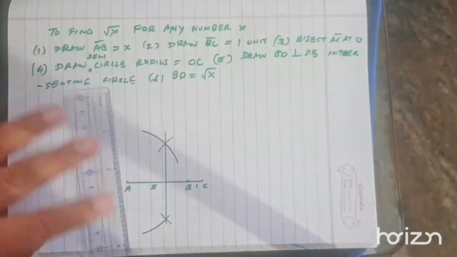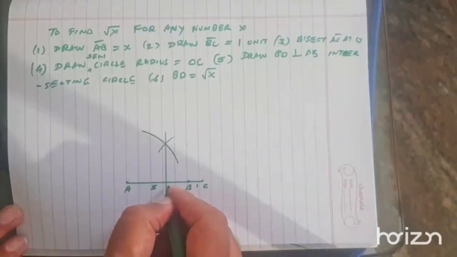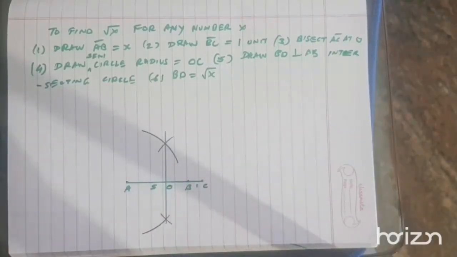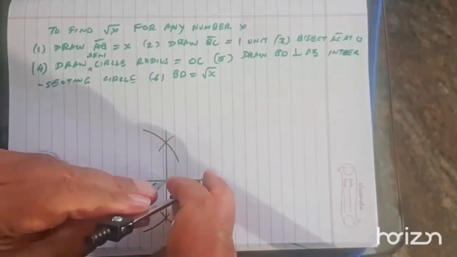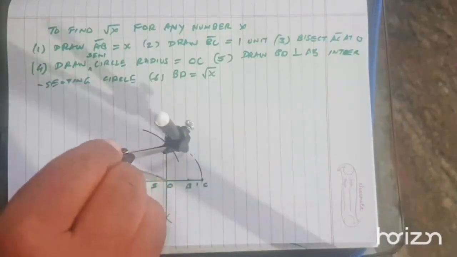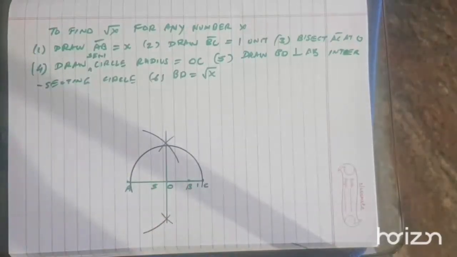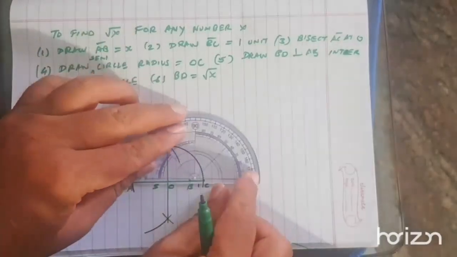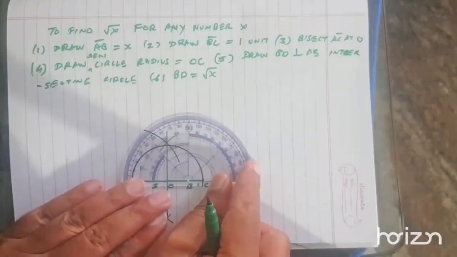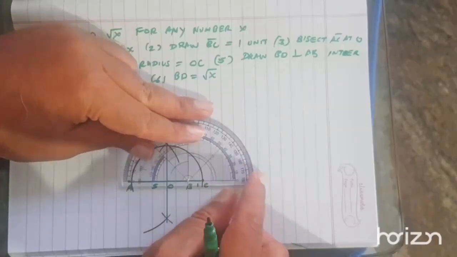So we bisected the segment, and that bisection is at O. Then we drew a semicircle of radius OC. That gave us that semicircle. Then we draw a line perpendicular to the segment AB at B, which we are doing using the protractor.